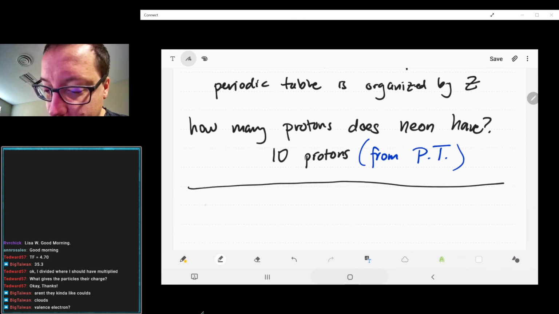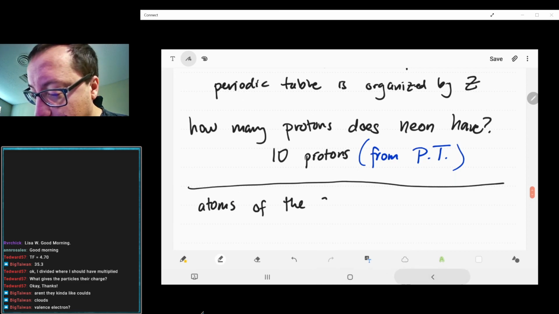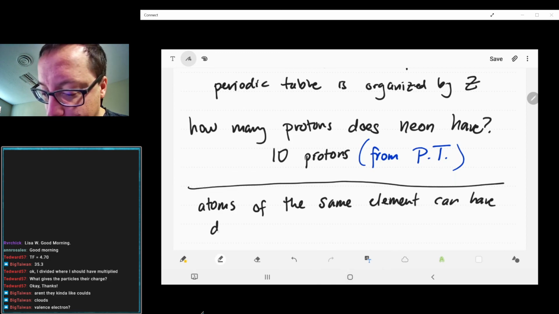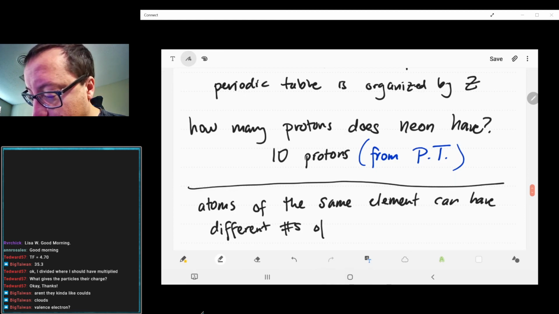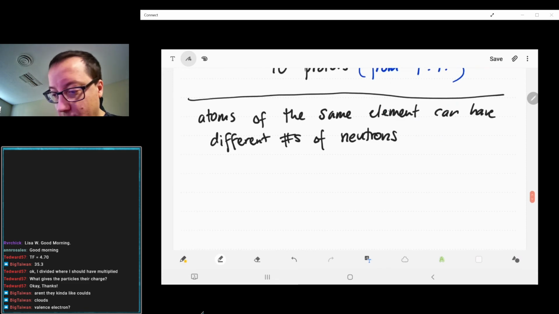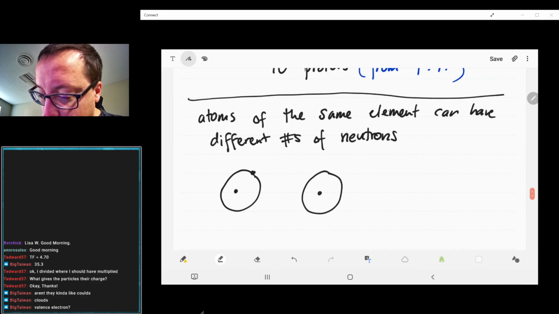Alrighty, it turns out atoms of the same element can have different numbers of neutrons. Allow me to do a couple of drawings here.